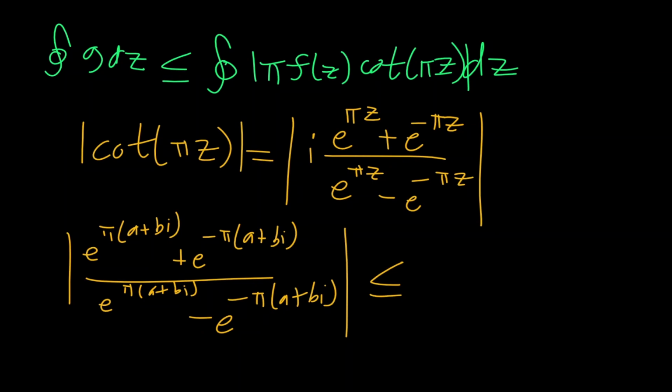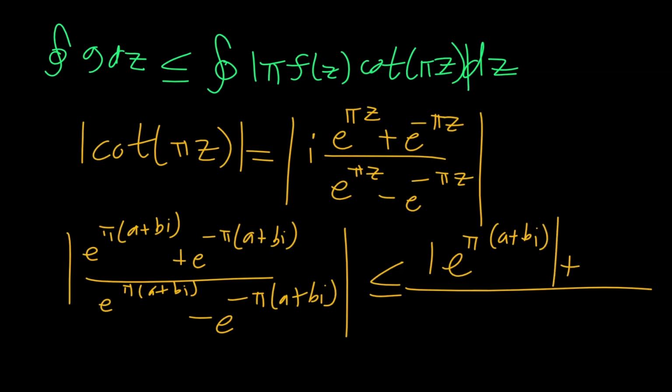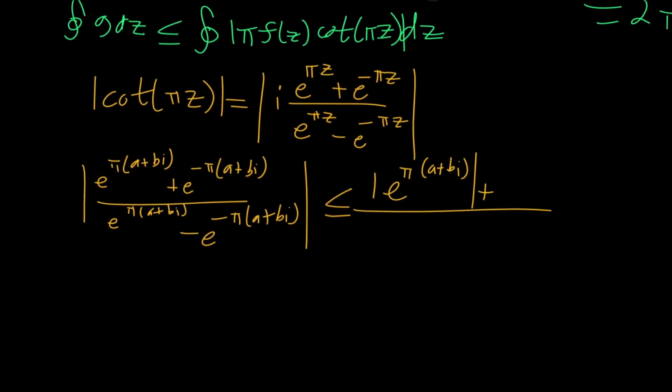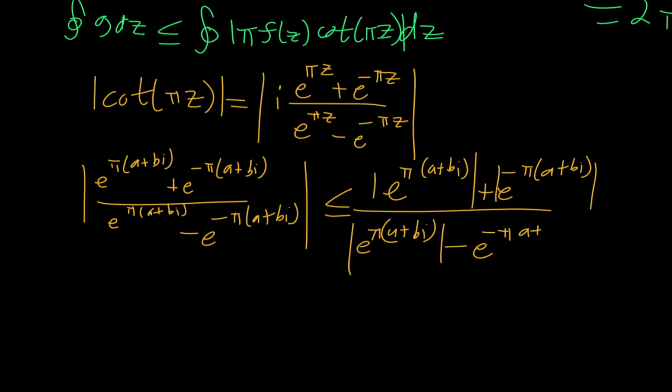What I mean is that this is less than or equal to the absolute value of e to the pi (a plus bi), plus the absolute value of e to the minus pi (a plus bi), and then in the denominator, the same thing: the absolute value of e to the pi (a plus bi), minus the absolute value of e to the minus pi (a plus bi).